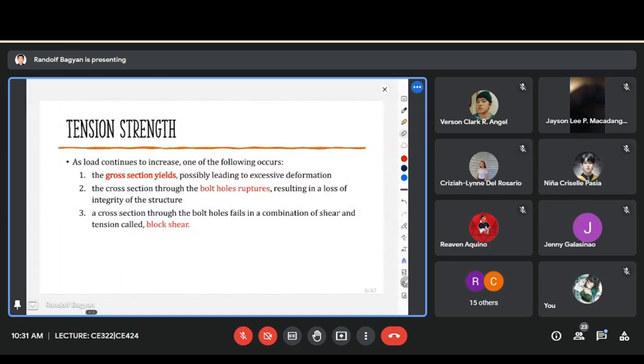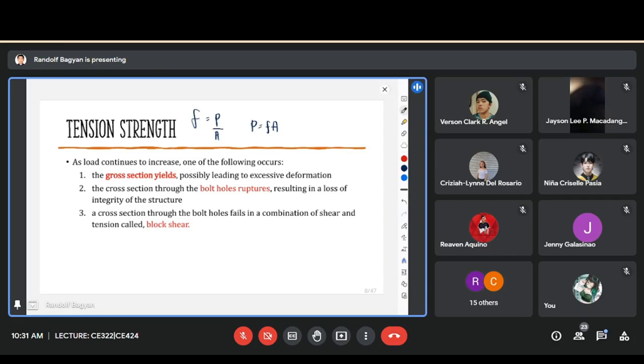And we have the tension strength. Ano yung tension strength, di ba? If we have F is equal to P all over A, our P is basically equal to your stress times the cross-sectional area. Okay, so as the load continues to increase, one of the following occurs.